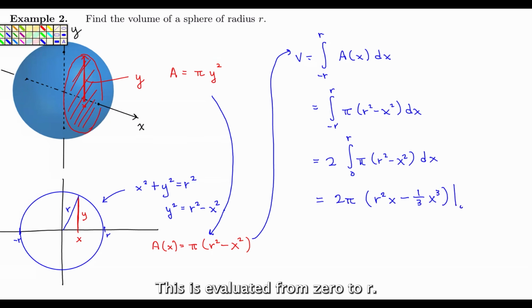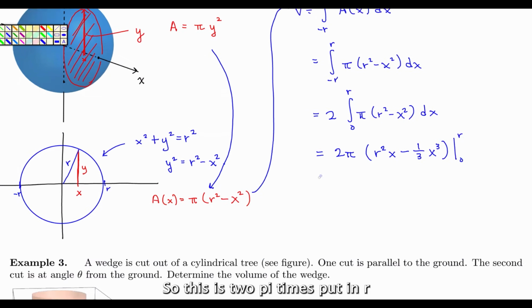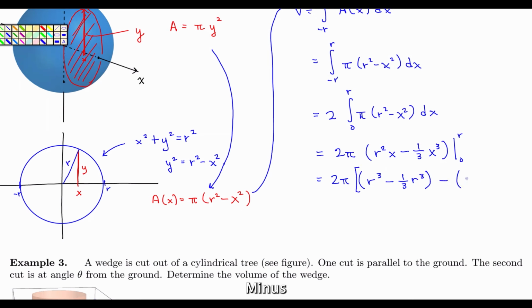This is evaluated from 0 to r, so this is 2 pi times, put in r, and we have r cubed minus 1/3 r cubed, minus r squared times 0 minus 1/3 times 0 cubed.